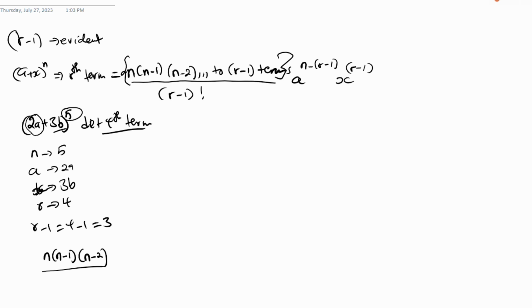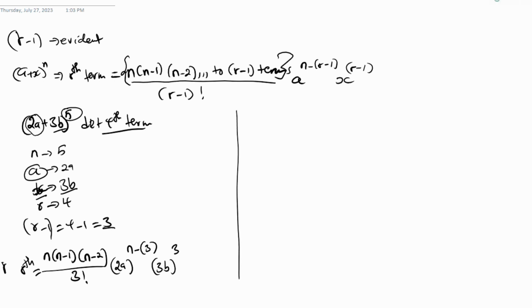This is divided by r minus 1 factorial, which is factorial 3, and multiplied by our a, which is 2a, raised to power n minus r minus 1, which is 3, and multiplied by x, which is 3b, raised to power r minus 1, which was found to be 3.